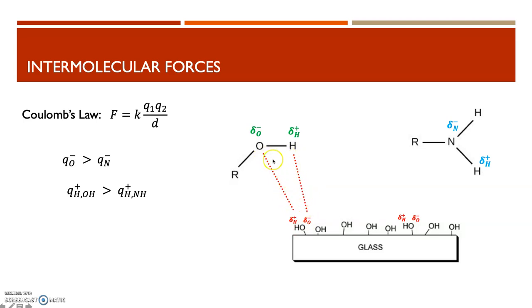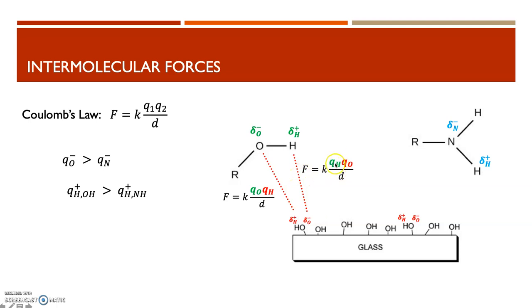Those are attractive forces of this molecule to the surface, and they can each be described by their own Coulomb's law. Okay, so the charge on my oxygen on my molecule and the charge on my hydrogen on my surface, and the distance between them is going to have an attractive force.